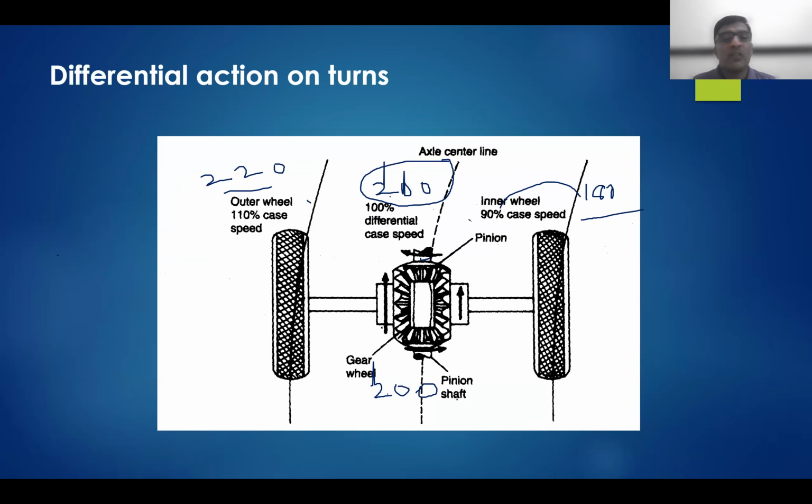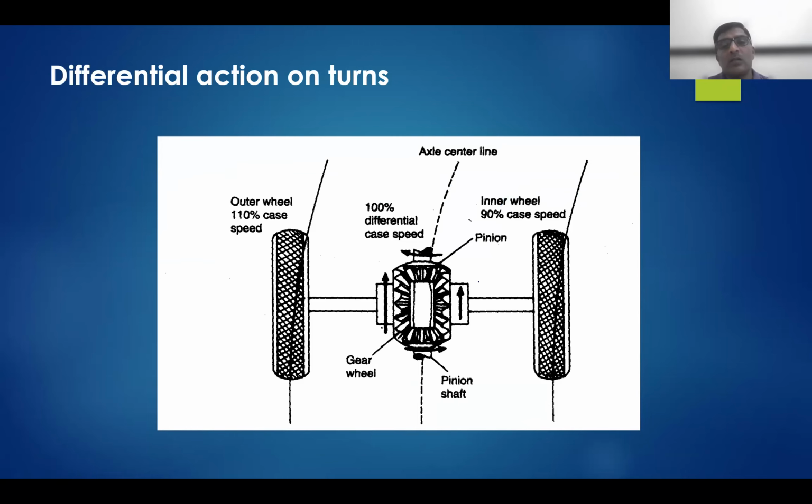And this one is the schematic figure with respect to the differential action on the turn. So differential is in action whenever negotiating the turn, and basically for the vehicle it is always in action.